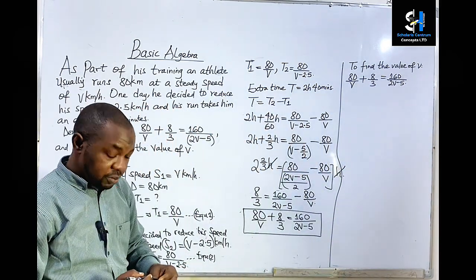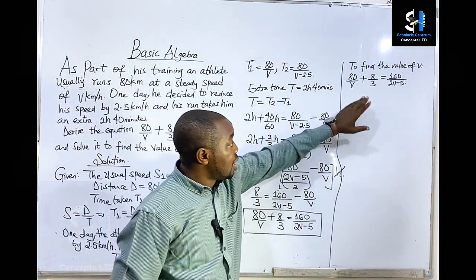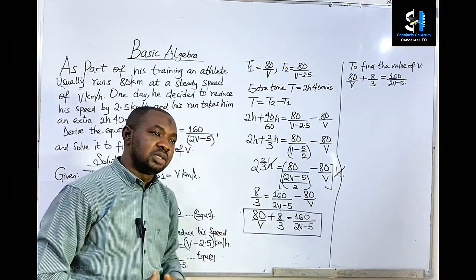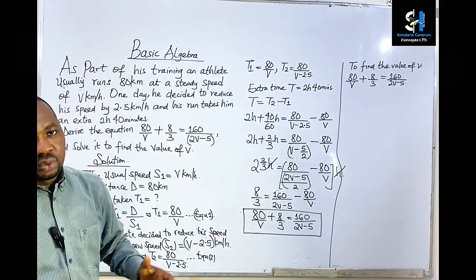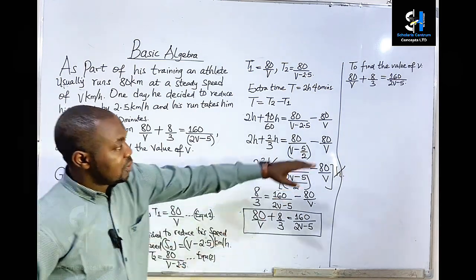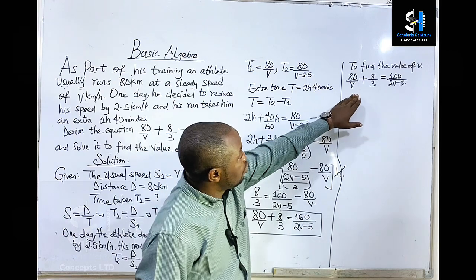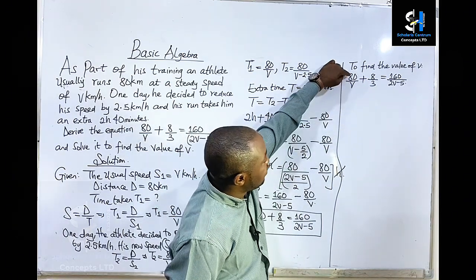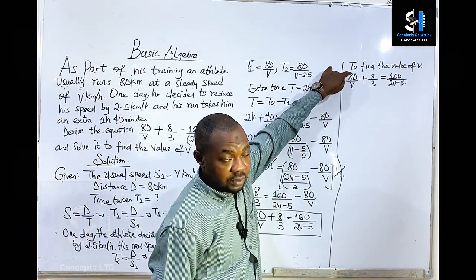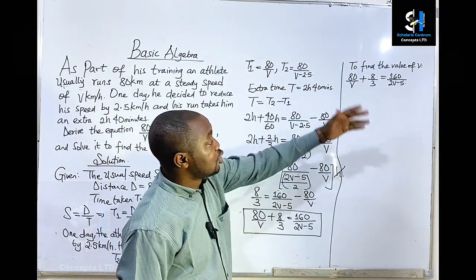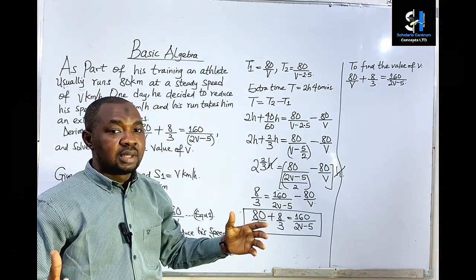Now, let's observe this equation and see how we can reduce the equation, so that we won't have to stress ourselves in trying to get the value of V. All right, so when we look at the equation, we have 80 as the numerator for this, 8 as the numerator, and we also have 160. So let's divide the equation by 8.